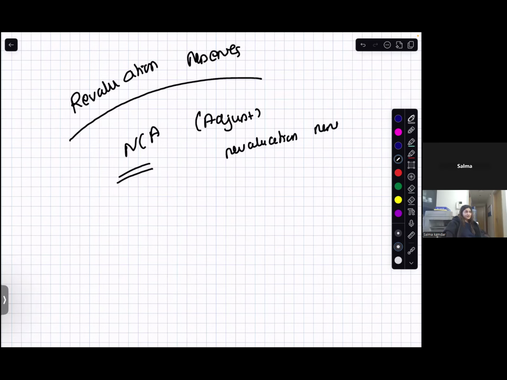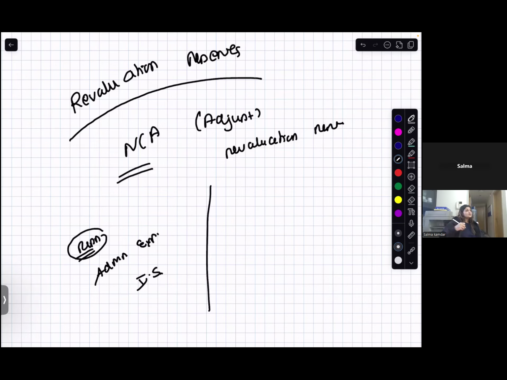What does this mean? Normally, when we use an asset, we have depreciation. Depreciation is a charge of using an asset, and we write this depreciation as our administrative expense in the income statement. We are reducing the value of the non-current asset because we are using it.